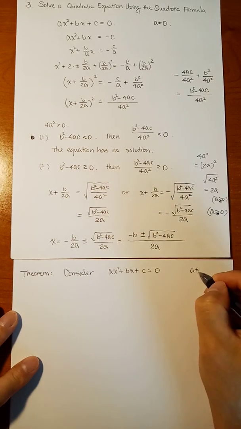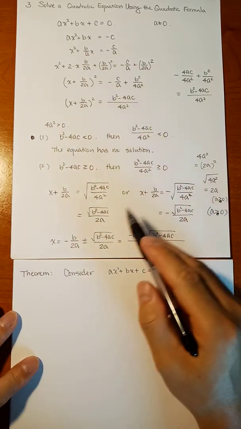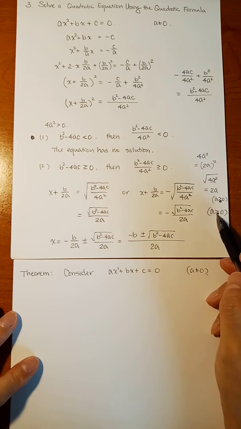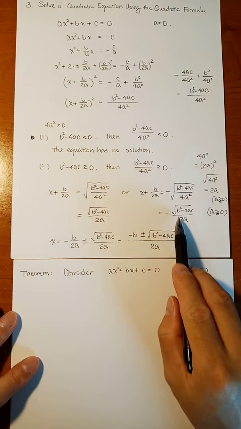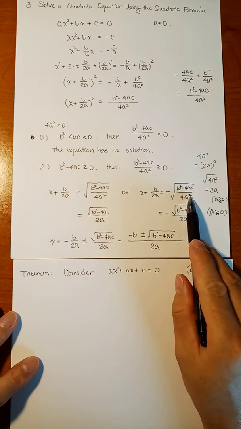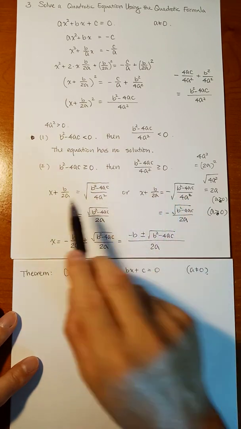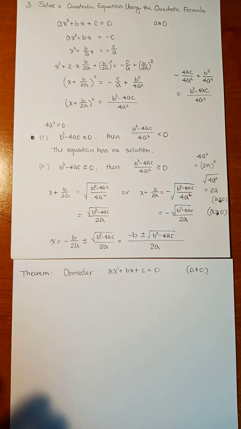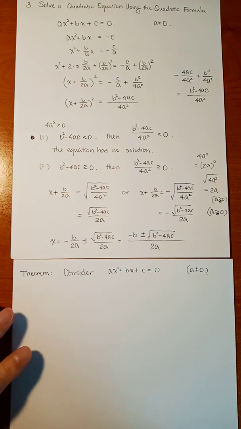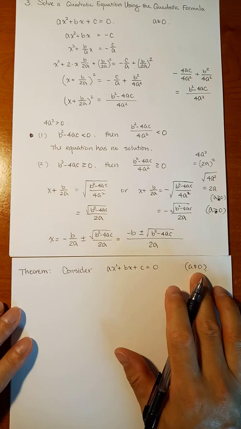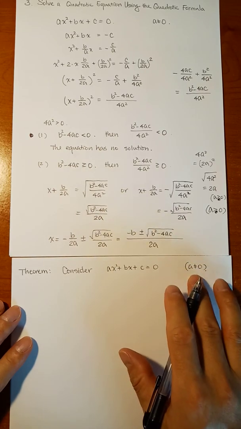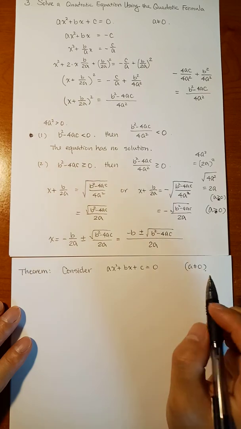Here a is not equal to 0. Again, this formula works for a positive. It is also correct for a negative. There is a small issue when you move this 4a squared outside of the square root. Plus or minus sign will give you the same formula. Okay? So here, when we state the theorem, we don't assume a positive. If a is negative, this is still correct.